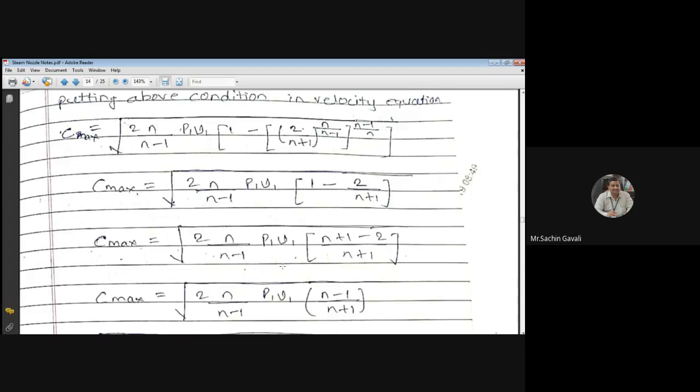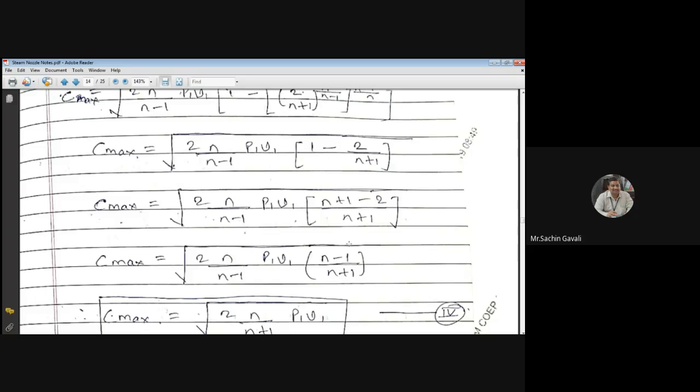Therefore C max is equal to 2 into n upon n minus 1 P1 V1 into bracket n plus 1 minus 2 divided by n plus 1. Okay, n plus 1 minus 2 gives n minus 1.